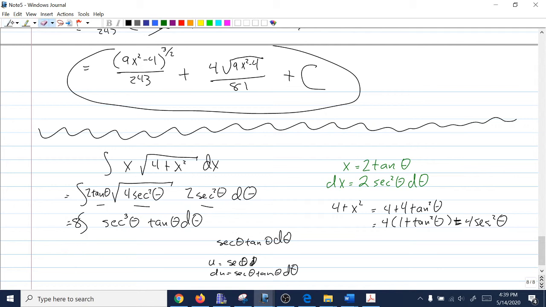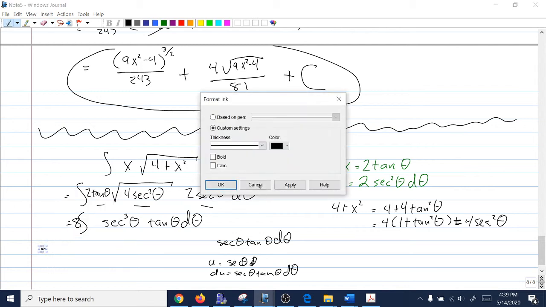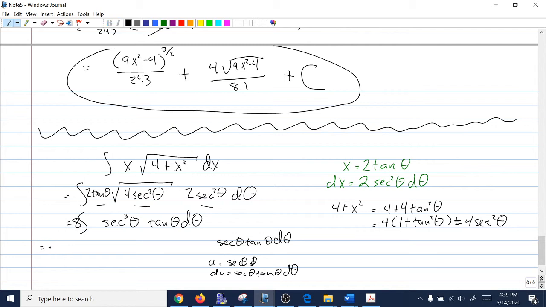This one I don't even have to do any trig. I get equals 8 integral secant squared theta times secant theta tangent theta d theta. This whole thing becomes du. This is u squared. I get 8 integral u squared du.